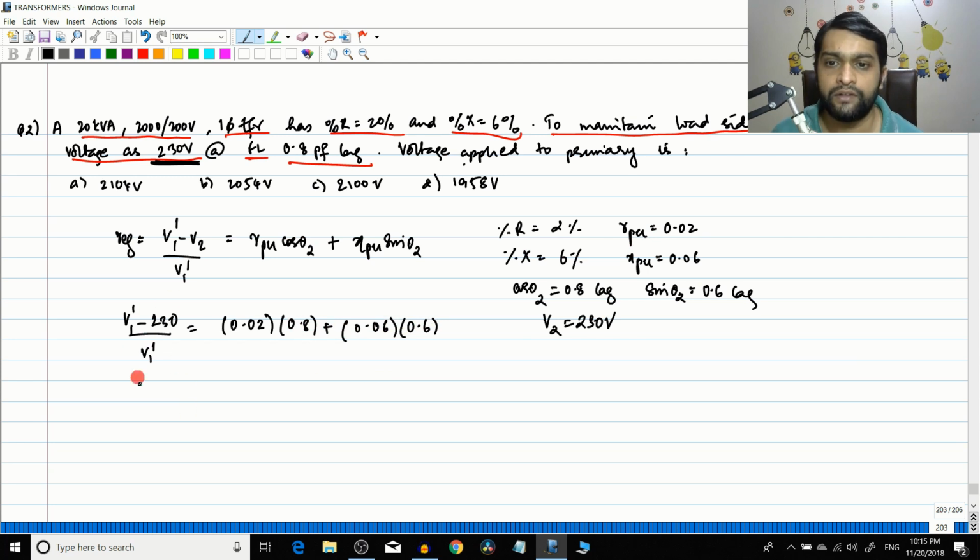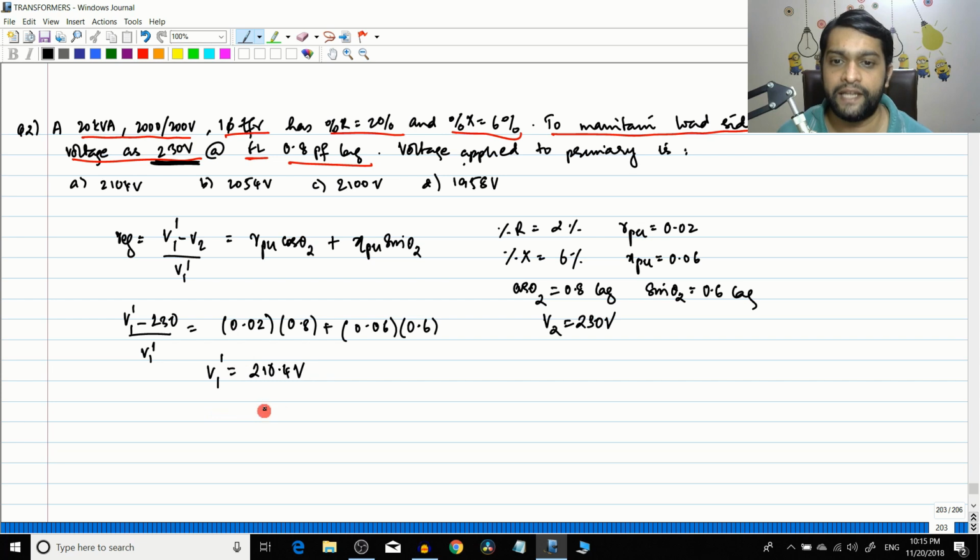If you solve this equation, I am not going to solve the entire equation, you will get V1' equal to 210.4 volts. Make sure that you use your calculators and solve the entire problem. Whenever I am doing numericals, I always tell you at least once during the session to use your calculators.